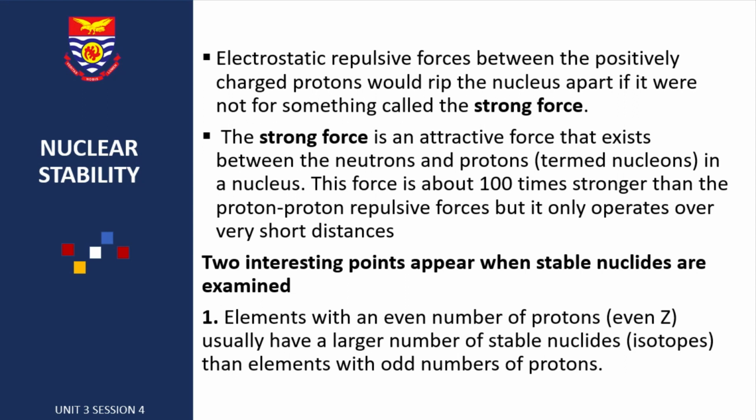So in conclusion, even though there is repulsive force between the individual protons found in the nucleus because they are of the same charge, the nucleus is not ripped apart, because there is also an attractive force that holds the protons and the neutrons together.